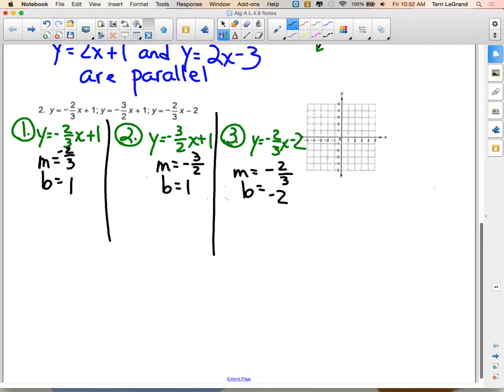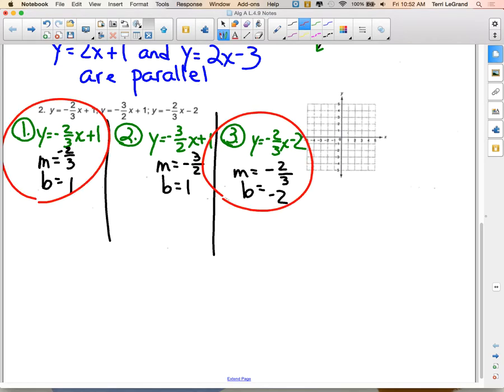Do we have any parallel lines? Yeah. We do. Okay, which ones? 1 and 3. Everybody agree? Because why? What's the reason again? Same slope. What else though do we have to check out? They have different B values, right? And they do, don't they? Okay, so number 1 and number 3.